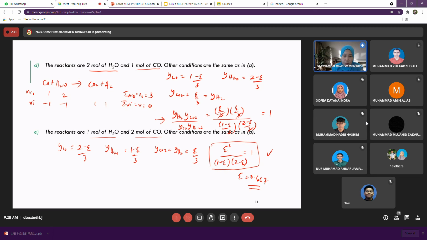Tapi bila masuk dalam equation yang ni, dia akan dapat this equation juga. So yang jawapan dia akan jadi sama juga. Okay ke? Okay, madam.